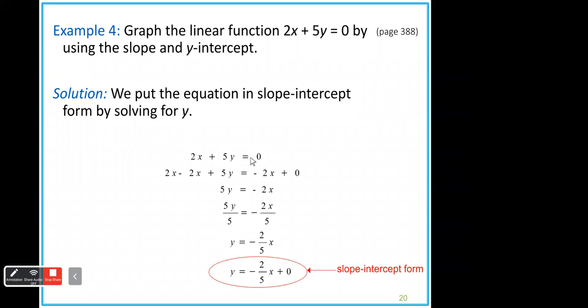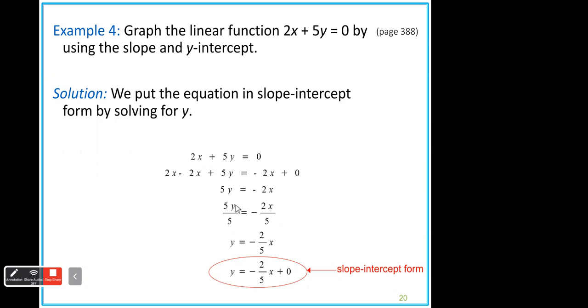And we can rearrange the equation. So you're going to move the 2x, so it becomes 5y equals negative 2x, because you're moving it over to the right-hand side of the equation. 0 minus 2x is negative 2x.